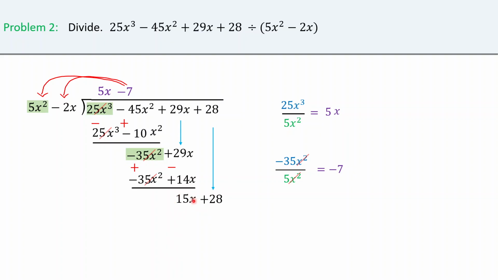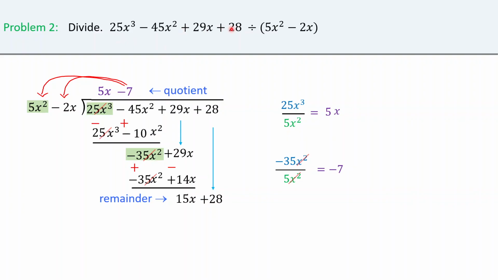Now you have x here, and here x squared. So you cannot divide this by this. If you divide, you get an x in the denominator. So you need to stop here. Now this is the remainder and this is the quotient.